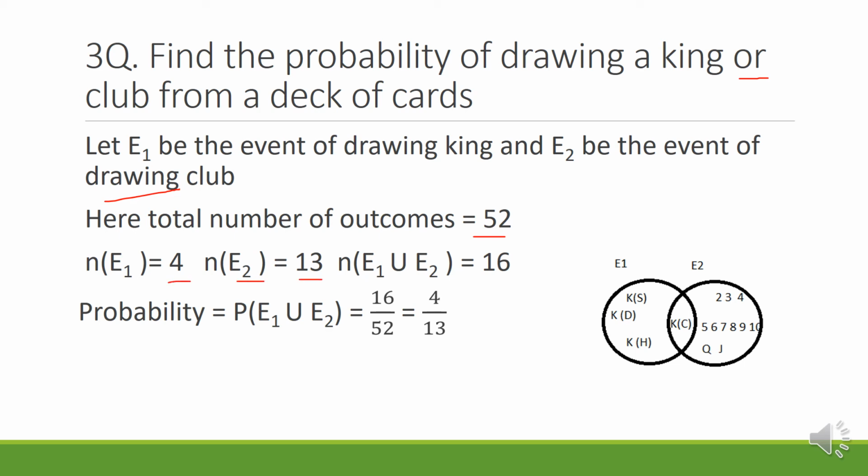Here they are asking a king or a club, so we have to do union. Adding up, the total number of outcomes favorable for E1 union E2 is 16. So the probability P of E1 union E2 will be 16 by 52, that is equal to 4 by 13.